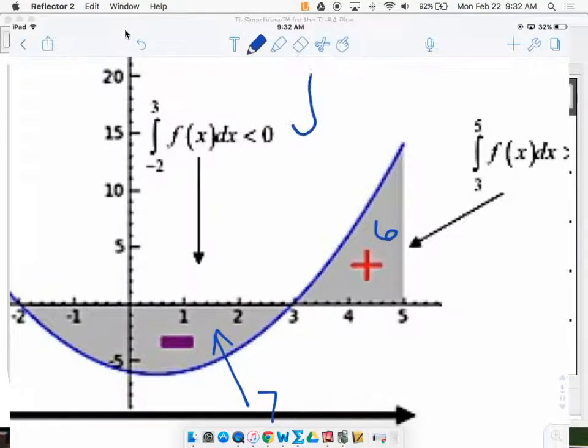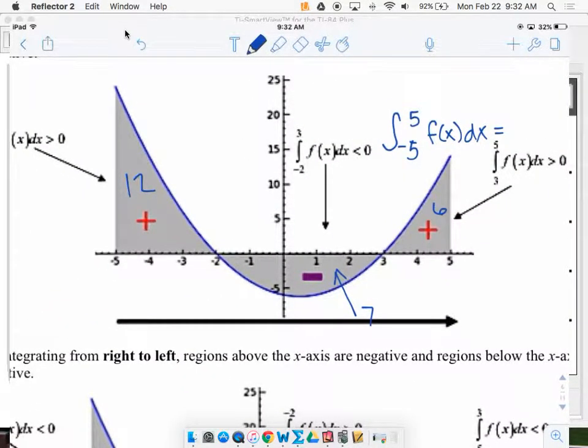So if I were to ask you the answer going from -5 to 5, what would that be? As you go from -5 to -2, you gained 12. From -2 to 3, you lost 7. And then from 3 to 5, you gained 6 back. So what would your answer be? 11, right?